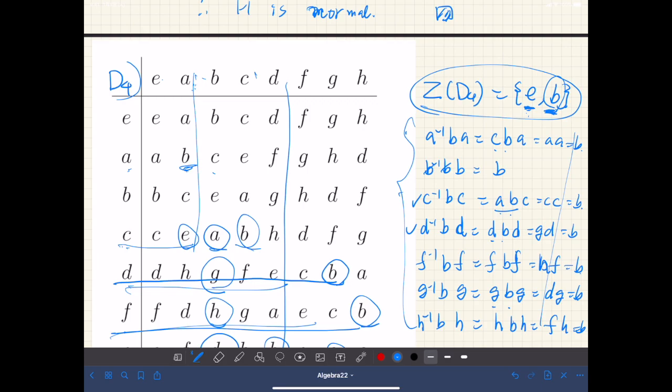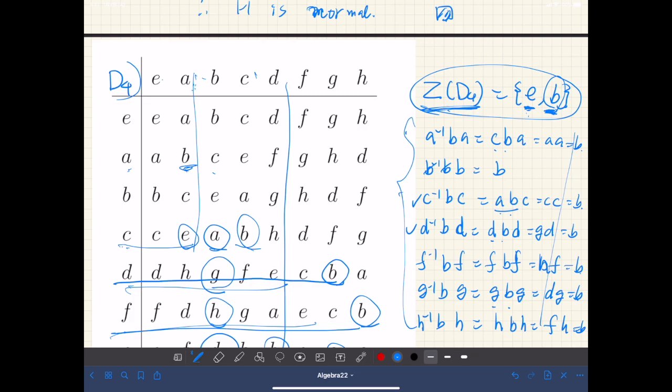And from the definition, the center of any group is always a normal subgroup. But not the other way around. Not all normal subgroups are the center of a group. So there can be more normal subgroups than just the center of a group.